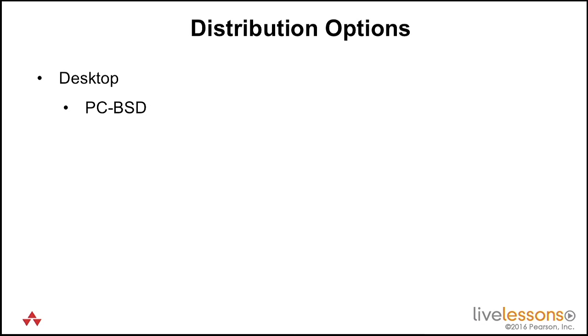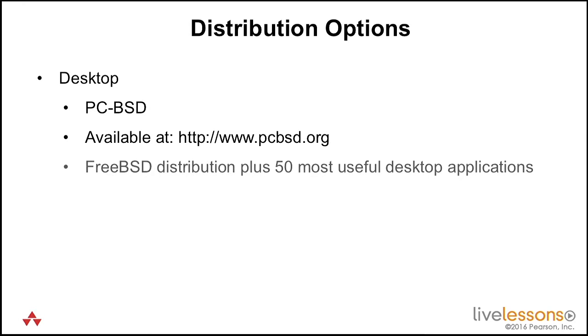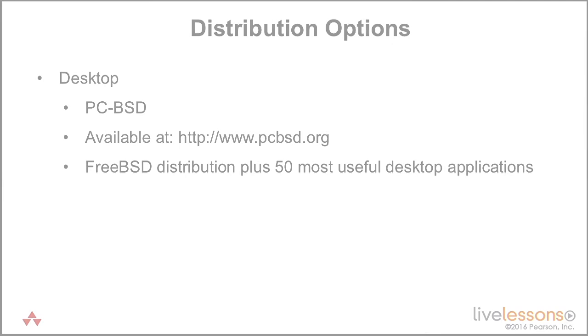And so there's a group called FreeBSD that has essentially gone through and taken FreeBSD and gone through all of the ports and said, there's about 50 of these ports that are really useful for desktop applications. So they picked the 3 most popular of the desktops, and they've picked the 3 most popular browsers, and they've picked the 3 most popular email systems.